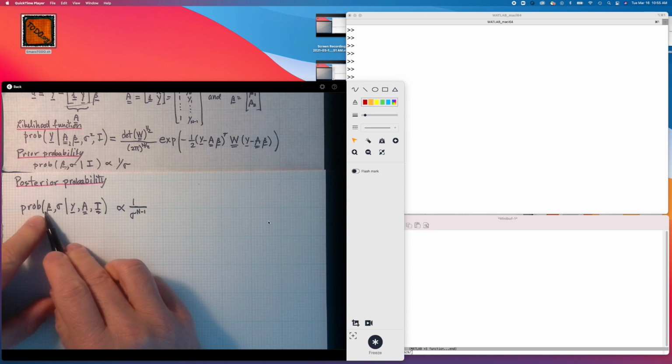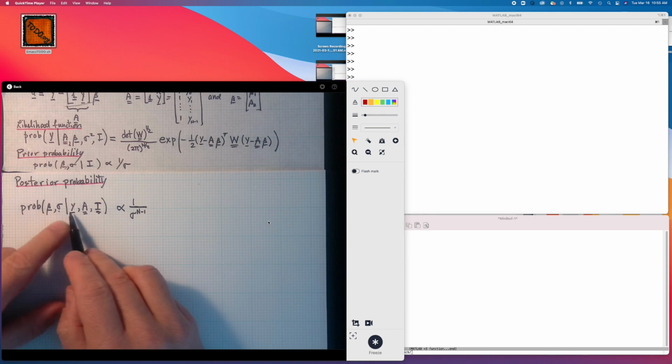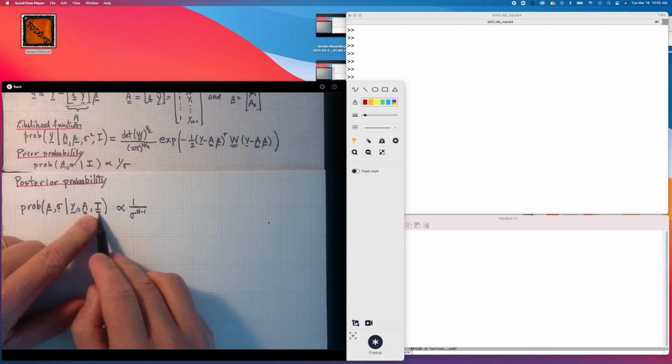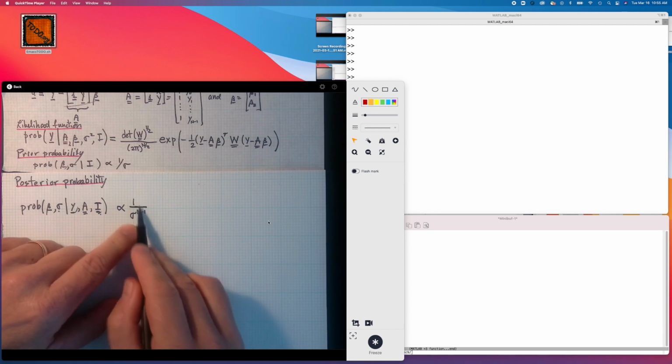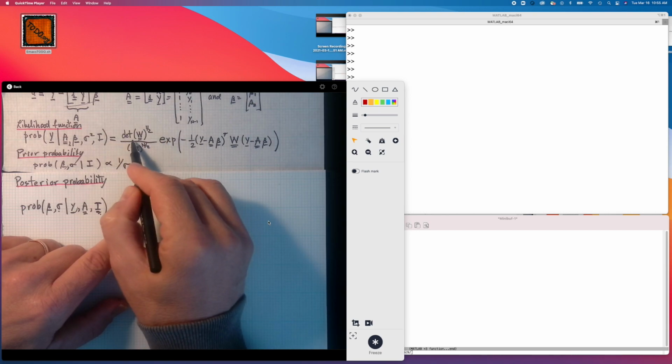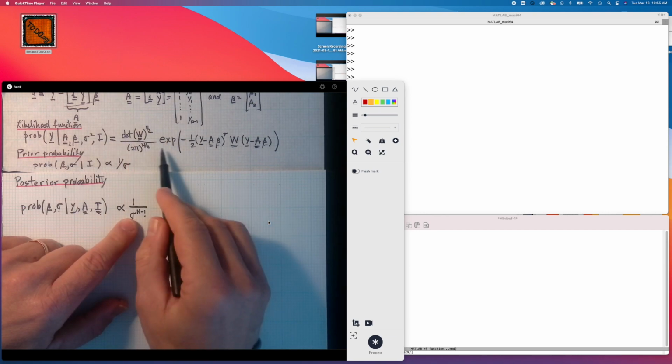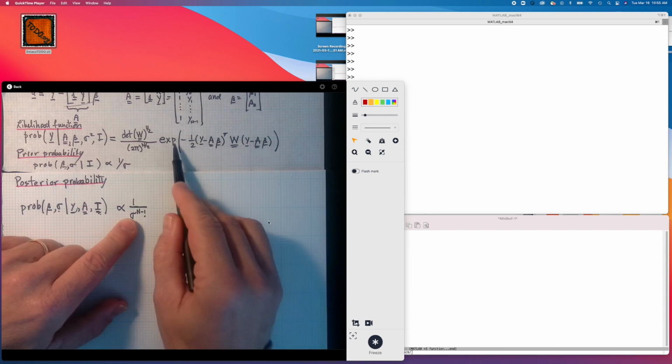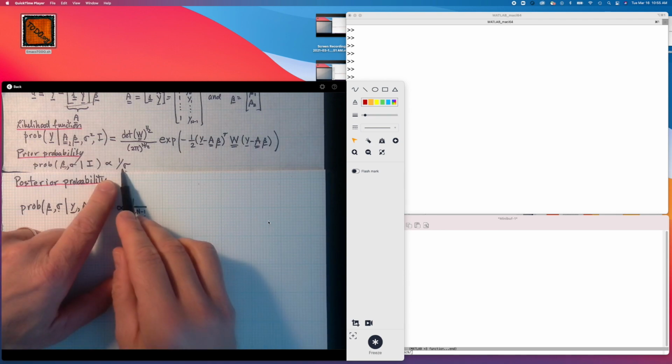All right, so the posterior probability for the parameters, which are the two coefficients, beta 1 and beta 2, and sigma, conditioned on the data and the model and the background information, is proportional to a term that goes like 1 over sigma to the n minus 1, where the sigma to the n came from the square root of the determinant of W, which was the normalization constant that came from the likelihood function, and another factor of 1 over sigma came from the prior, which was obtained because we assumed that the prior probability for sigma was constant in the logarithm of sigma.